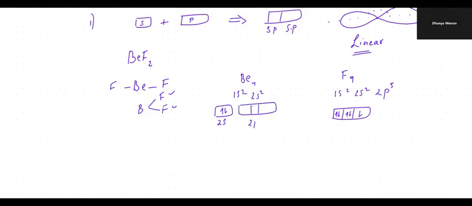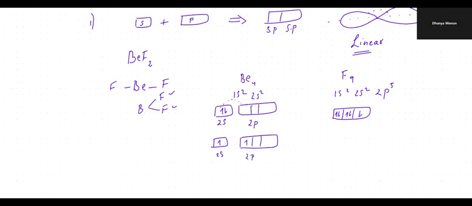And in the excited state, 1 electron goes from s to p. And what do we get? We get 2s, and in the 2s I have 1 electron, and I have 1 electron in 2p orbital.